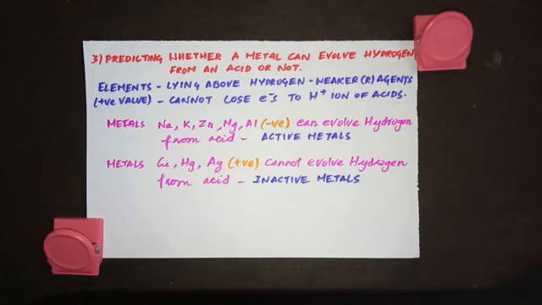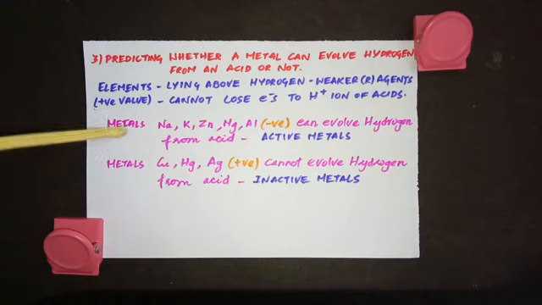That means those metals having positive electrode potentials cannot evolve hydrogen from acid, but those metals having negative electrode potentials can evolve hydrogen from acid.